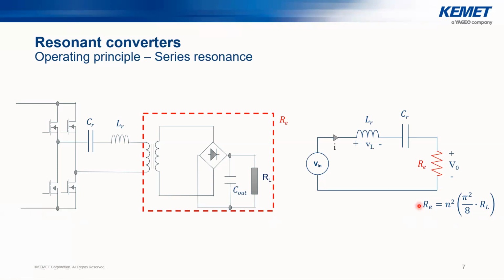The N squared is related to the turns ratio of the transformer, and RL is the load in this equation. Now that we have this equivalent circuit, we can design and check what the values of the resonant tank LR and CR would be.